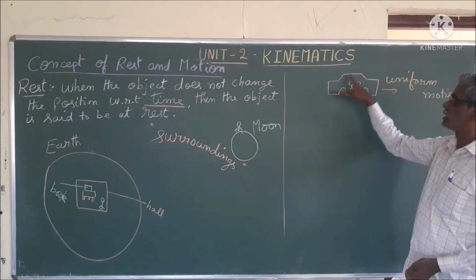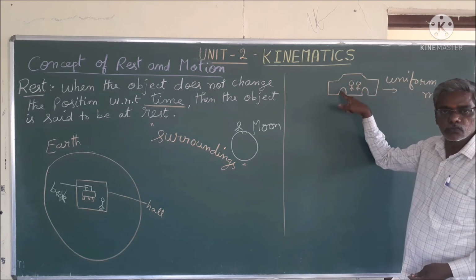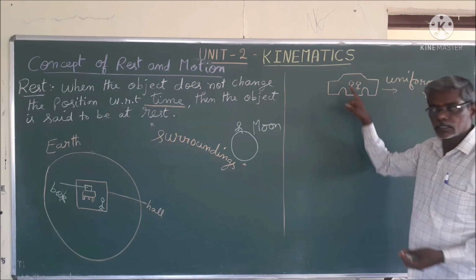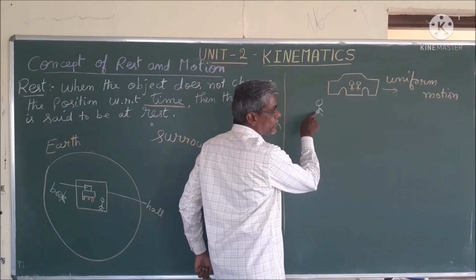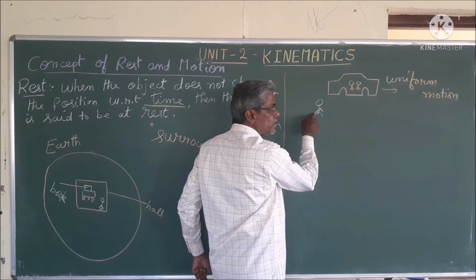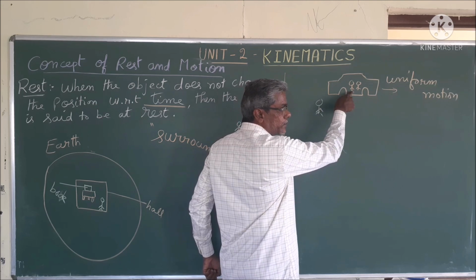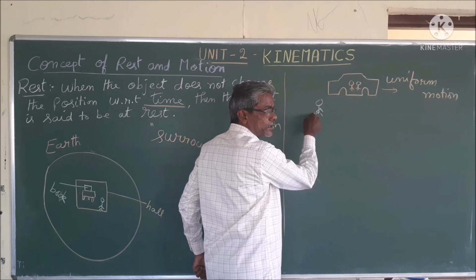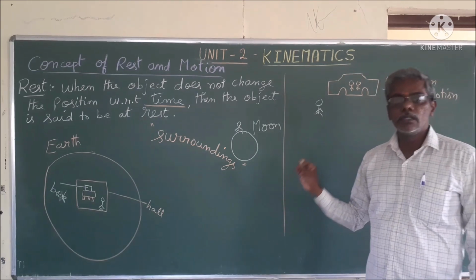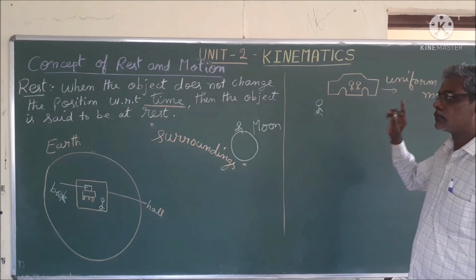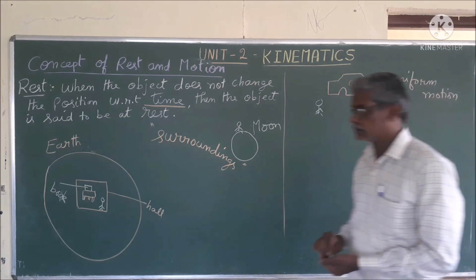But if the person is seeing from outside, what will he say? We are in motion with respect to outsiders. So the surrounding will determine whether the object is at rest or in motion.